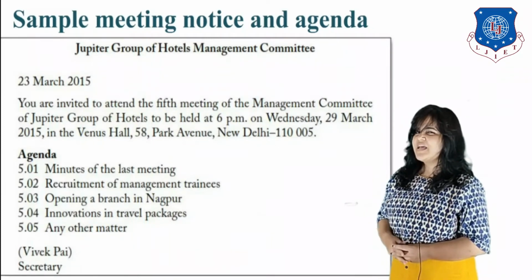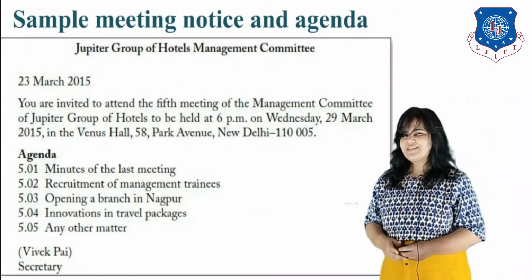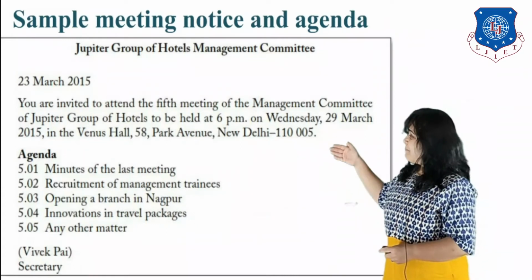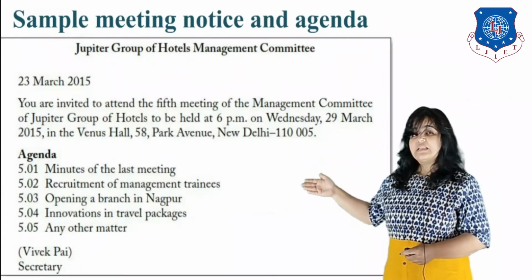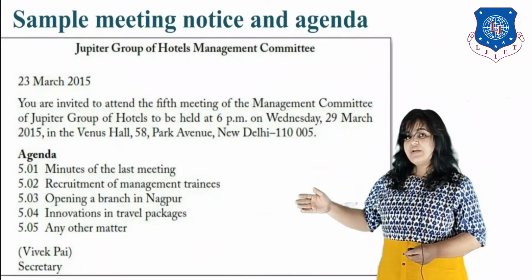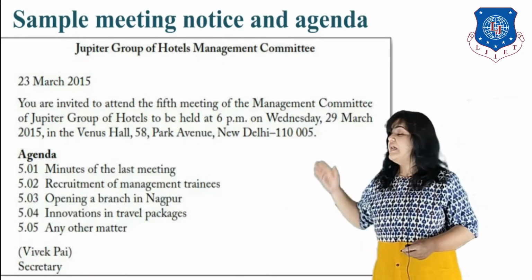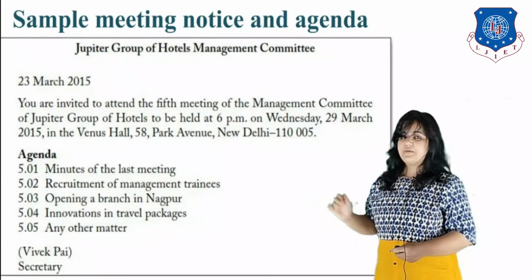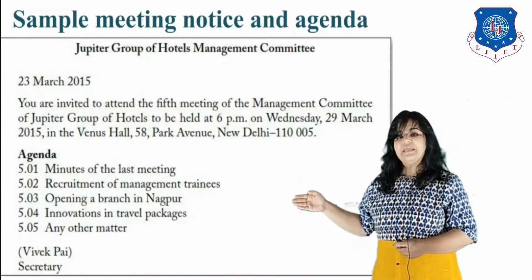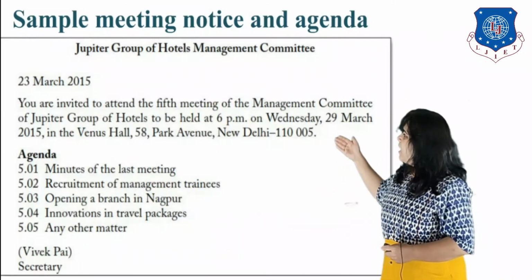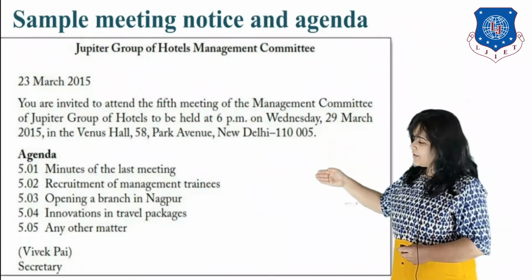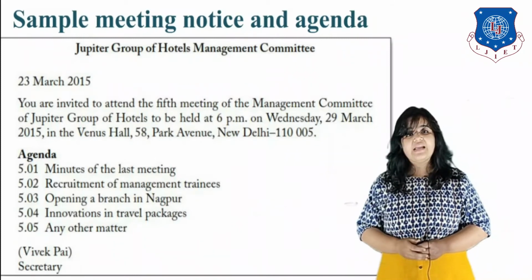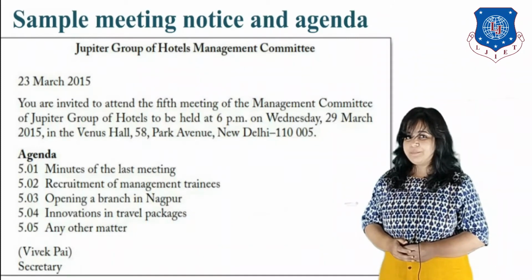What are these minutes? We would discuss in just a few minutes, just give me time. But before this meeting starts, if it is not the first meeting, then some of the things of the last meeting would be discussed from the minutes. After that the meeting commences and all the matters which would be discussed in the meeting are listed in this particular agenda.